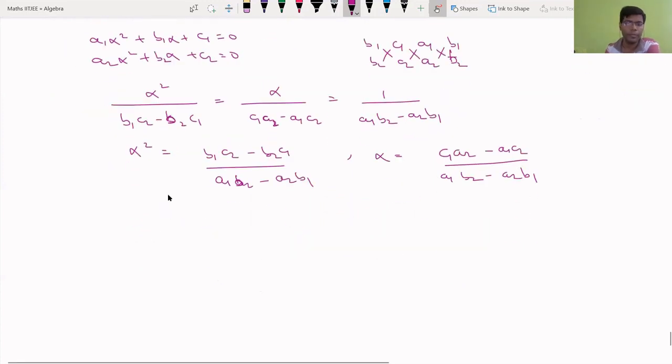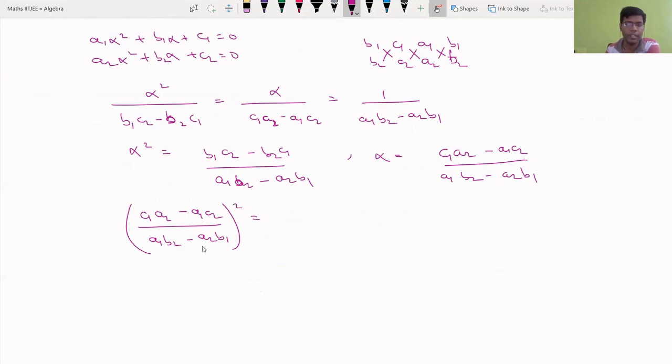So we know that alpha square is square of this alpha. So that's how we can say that this term is also square of this term. So if I square this, basically, c1 a2 minus a1 c2 by a1 b2 minus a2 b1, I will be getting b1 c2 minus b2 c1 by a1 b2 minus a2 b1.